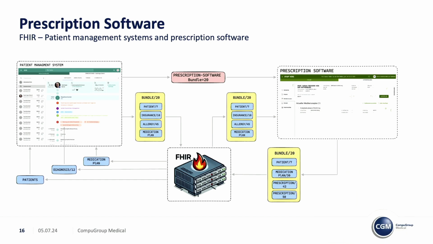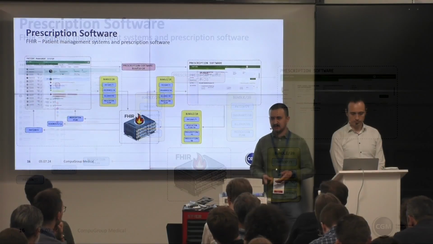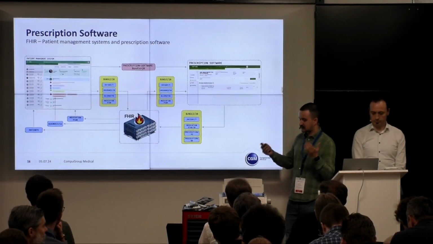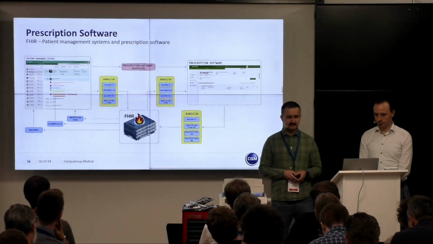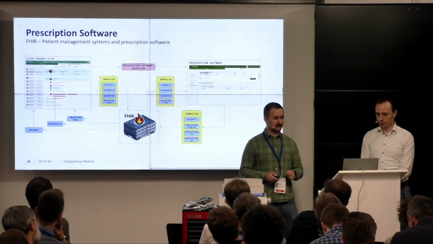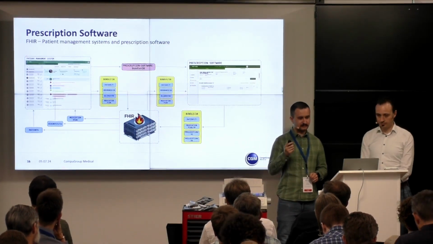Now, this is just a pure example with a few things that we can do with our software. But just like Stefan mentioned, there are hundreds of types of resources, everything from prescriptions that you see here to, for example, being able to document medication that you used in the past, or specific history for a period of time, and many, many other uses. You just need a lot of imagination to be able to do them all.